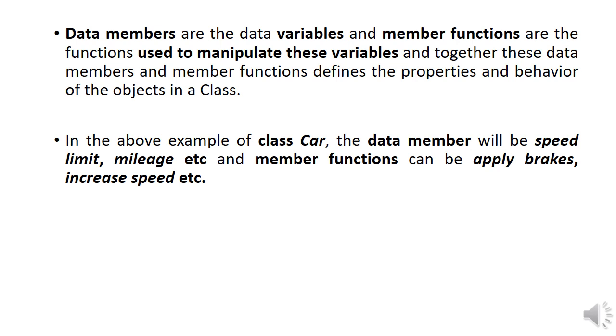For example, in the previous case, we have taken car as a class. The data members will be the speed limit, mileage, etc. And the member functions can be apply brakes, increase speed, etc.